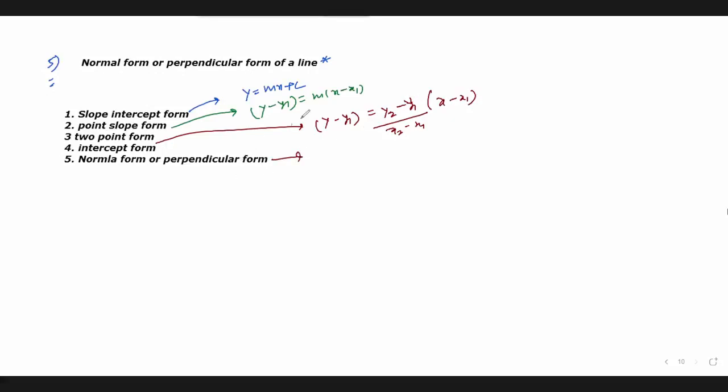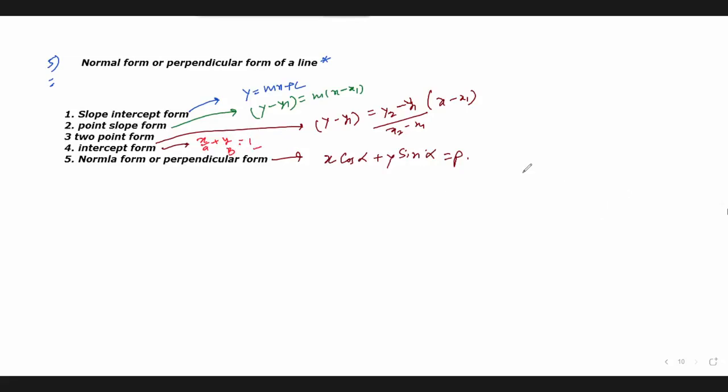Next form will be the normal form. If I introduce my normal form, it will be x cos alpha plus y sin alpha equals p. And the intercept form is x by a plus y by b equals 1.